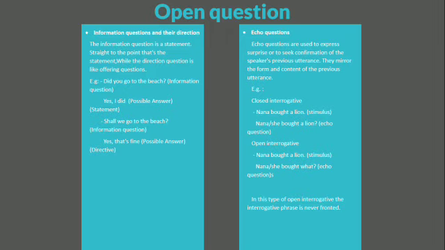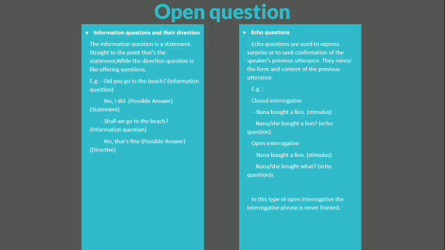And then another one, shall we go to the beach? It is an offering question. And then the answer, yes, that's fine. It's directive. So the answer to the first example is a statement, and the second one is a directive.